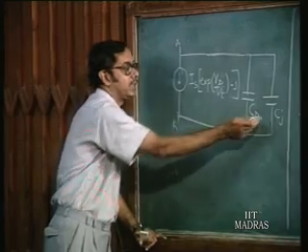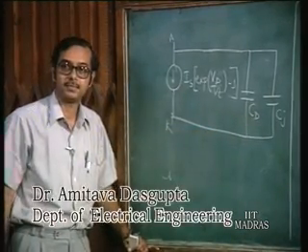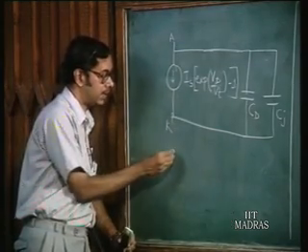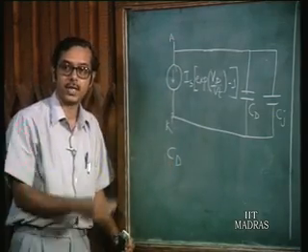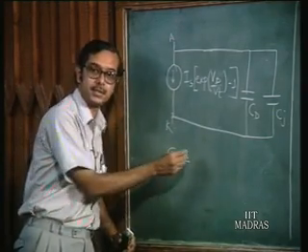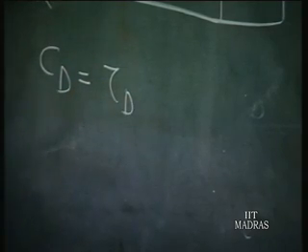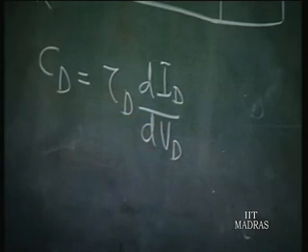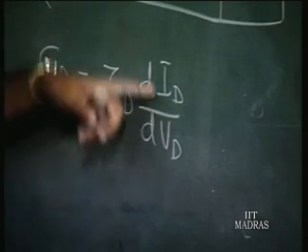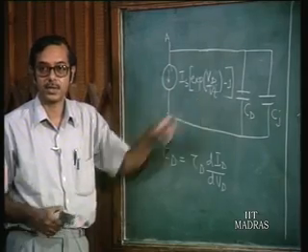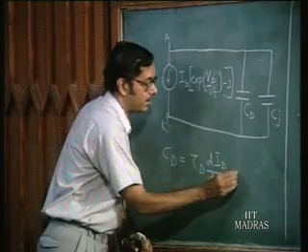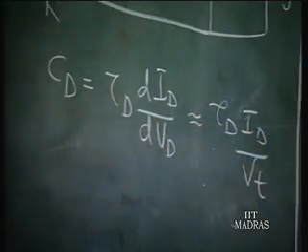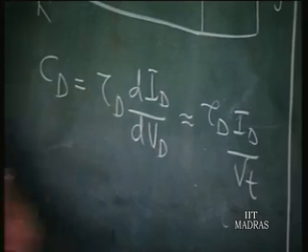So, these are the two capacitances in the device, and we have already seen that the diffusion capacitance is equal to the transit time, tau d, times the diode current divided by Vt.